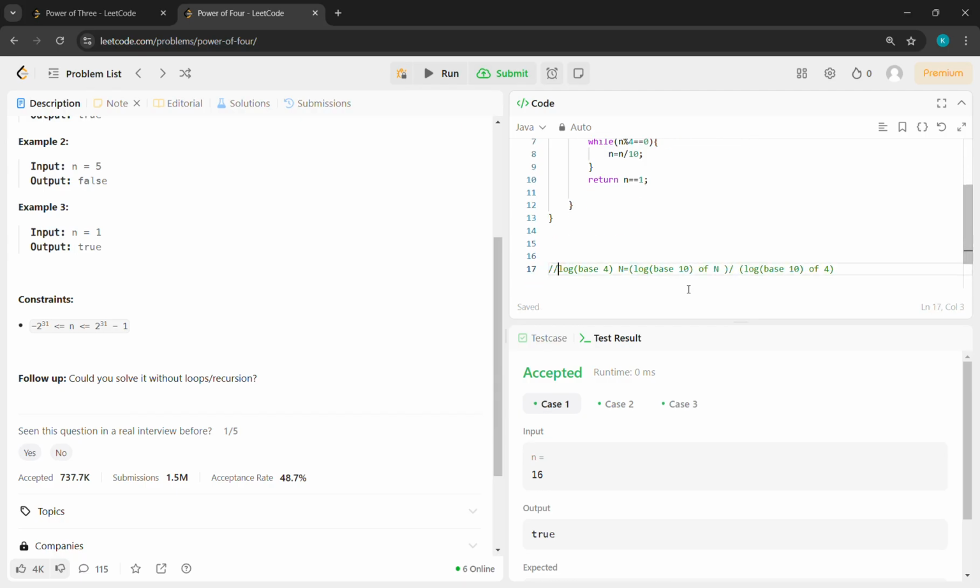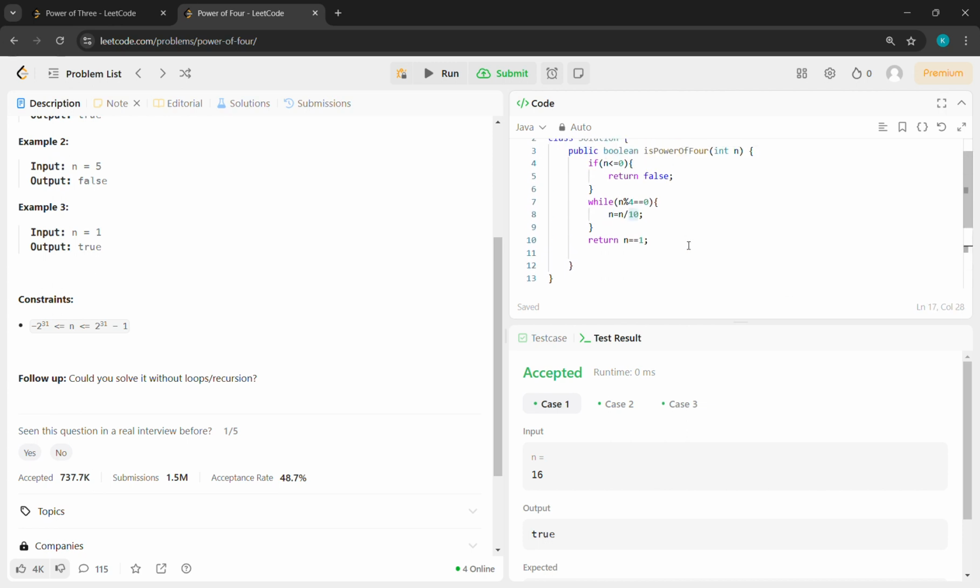So if log base 4 of n is equals to log base 10 of n divided by log base 10 of 4, then अगर ऐसा आउटपुट आता है then that number can be considered a power of 4. मेरा रिक्वायरमेंट क्या है? 16 divided by 4 is equals to, what are we supposed to get? 4. 4 divided by 4, then we are going to get 1. So if we are going to get a whole number, then we are pretty much sure that this is the power of 4 with respect to this solution.